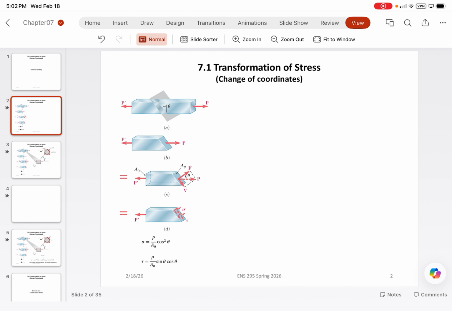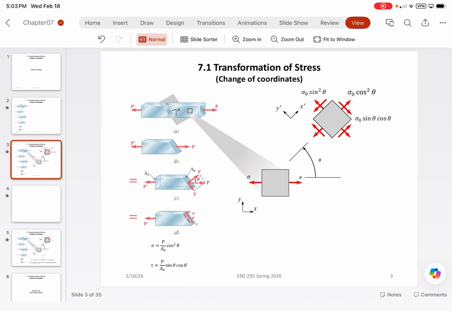Now, why might this be important? You may be welding two types of bars, and that weld may be at an inclined angle. And so if you're trying to analyze the stresses on that weld, then you obviously need to know what the normal and shear stresses are parallel and perpendicular to the plane in which that weld is connecting, right?